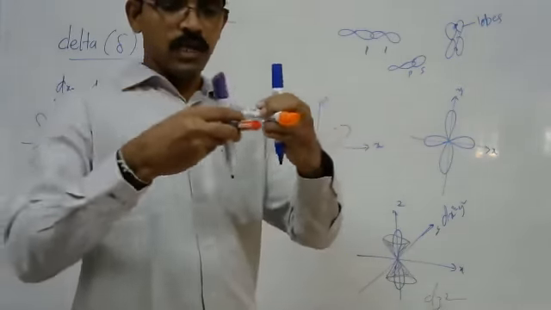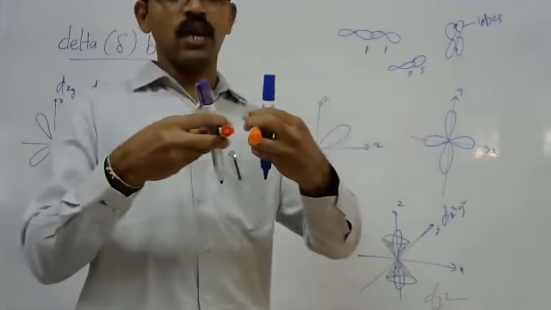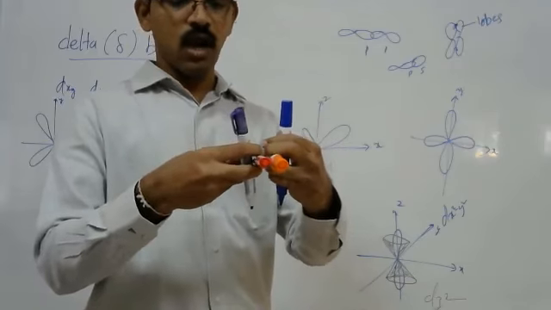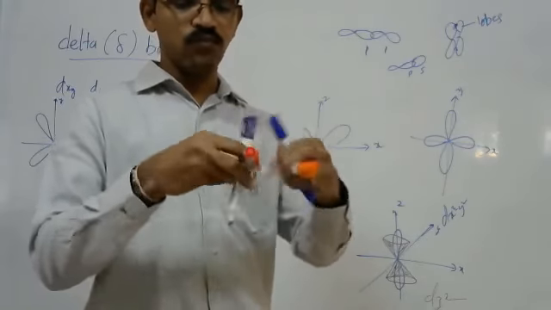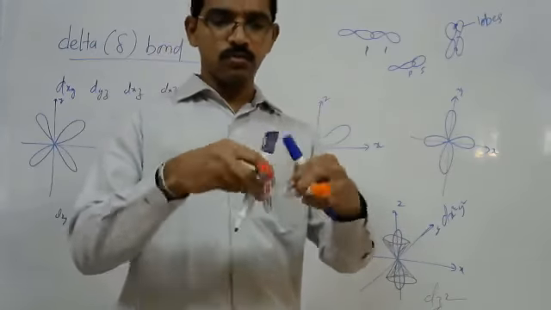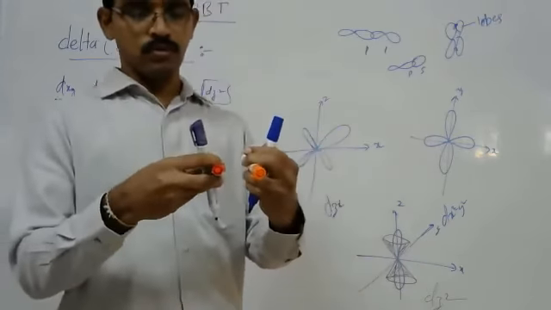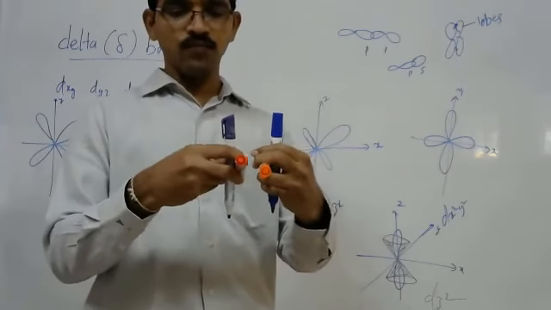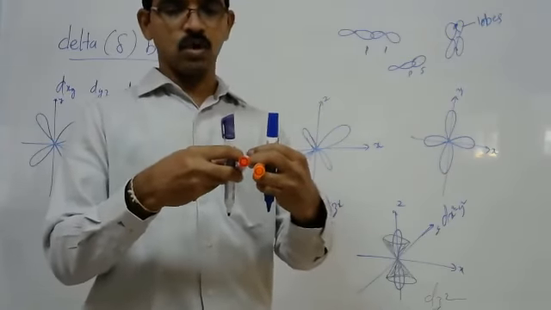If these two orbitals are overlapping laterally, this is the delta bond. How many lobes are there? Total 4 lobes: pink, orange 2, and blue 2. What is a lobe?